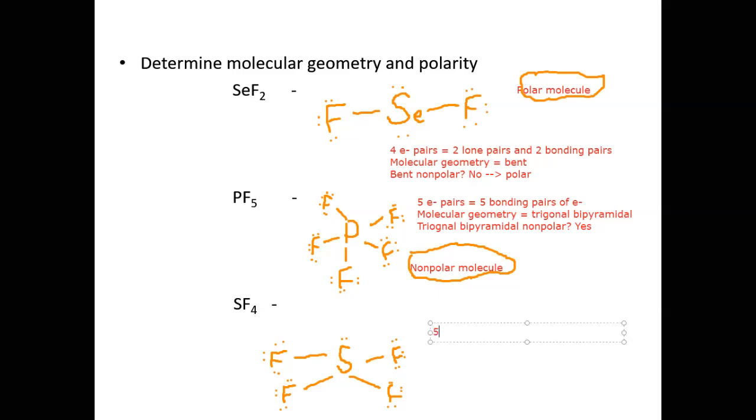So there are 5 electron pairs, 4 bonding pairs, and 1 lone pair. Molecular geometry, so you check which geometry has 4 bonding pairs and 1 lone pair. This is seesaw.